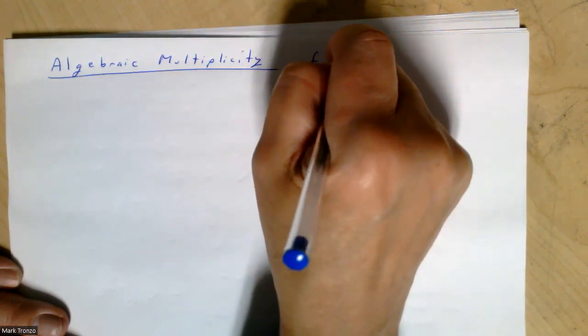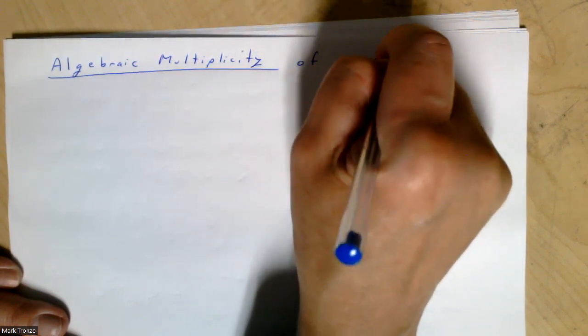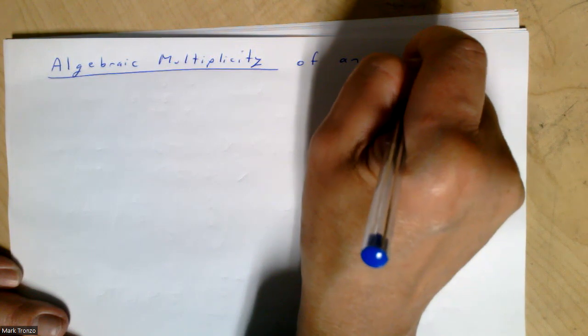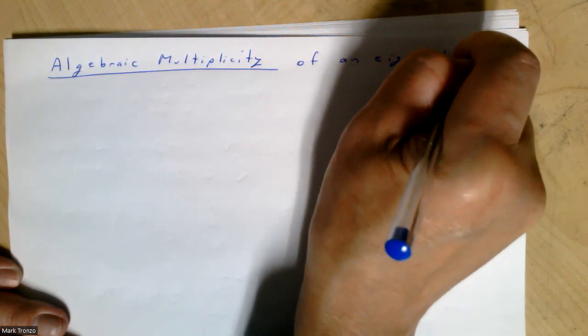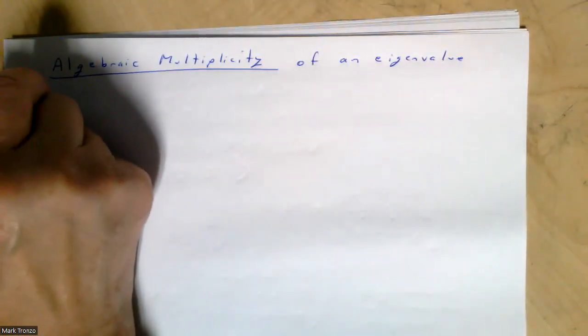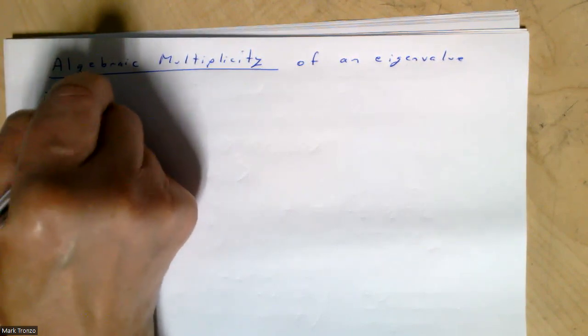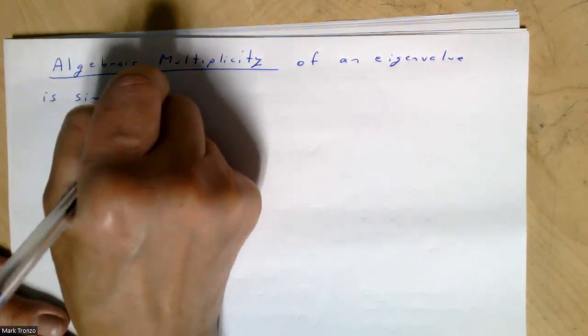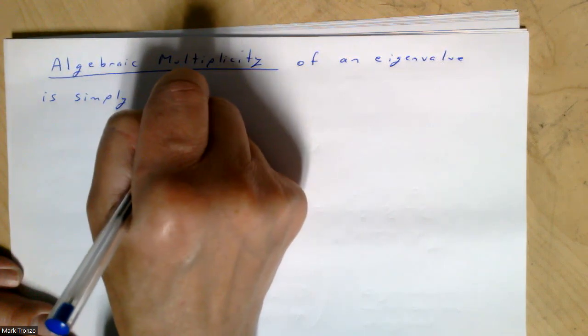Algebraic multiplicity of an eigenvalue is simply the number of times it appears.